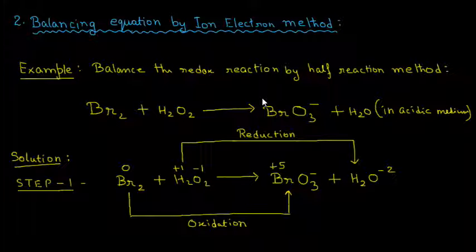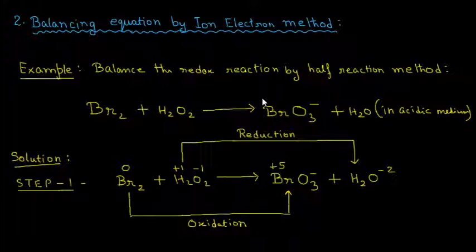Now we'll study balancing equations by the ion electron method. Let us see an example. Balance the redox reaction by the half cell method: Br2 plus H2O2 gives BrO3 minus plus H2O in acidic medium. In step 1 we write the equation and the oxidation number above each of the elements.